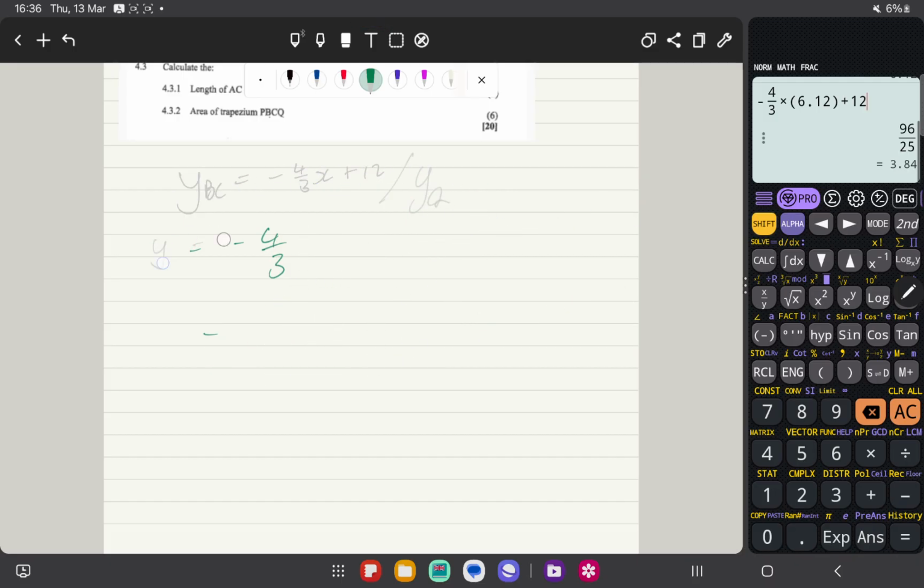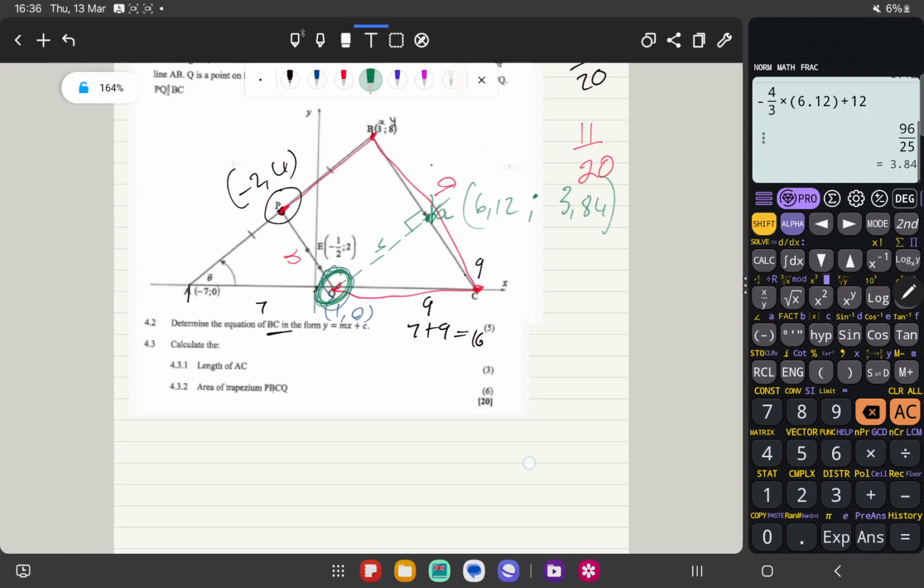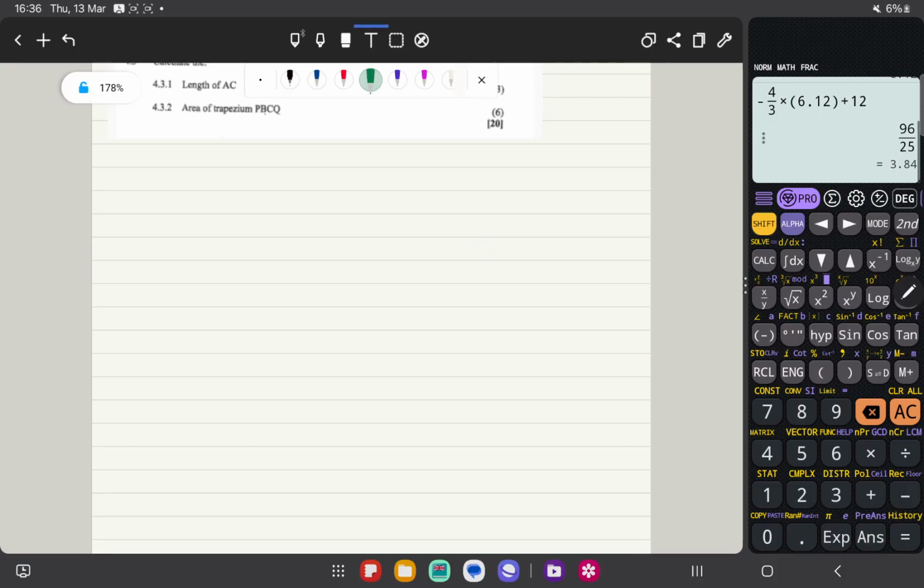Let's do it. Right now I'm just gonna draw my trapezium.